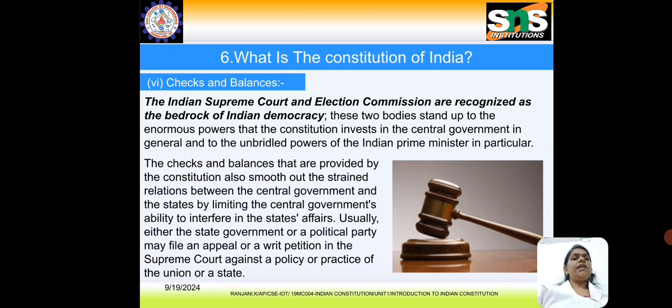These two bodies stand up to the enormous powers that the Constitution invests in the central government in general, and the umbrella powers of the Indian Prime Minister. The checks and balances provided by the Constitution also smooth out the strained relationship between the center and the states by limiting the central government.